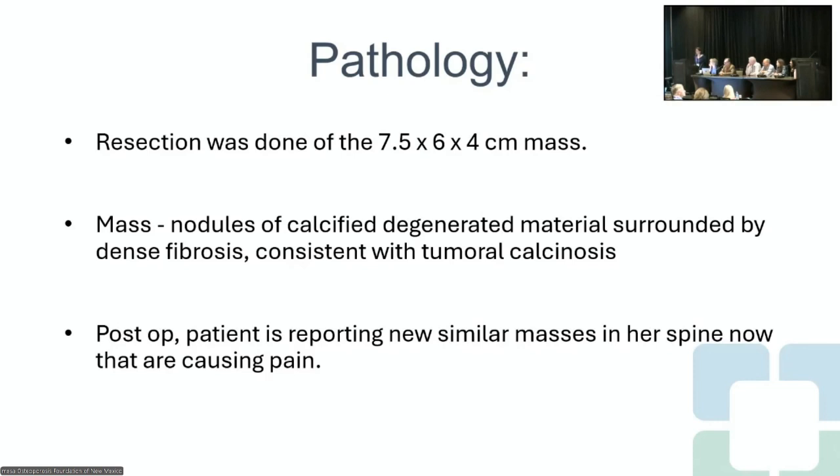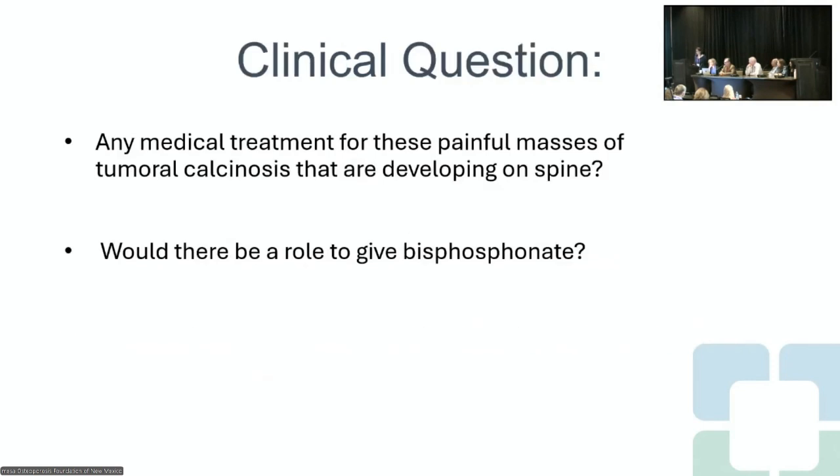I did review the imaging of the spine with the radiologist before coming here, and the individual I spoke with did not see any other lesions, but the patient feels very adamant that she's developing new masses in her back, which are causing exquisite pain. So the clinical question for the group is if there's any treatment available for someone who has primary tumoral calcinosis, which is, in her case, not associated with renal failure, and any role to give bisphosphonate.